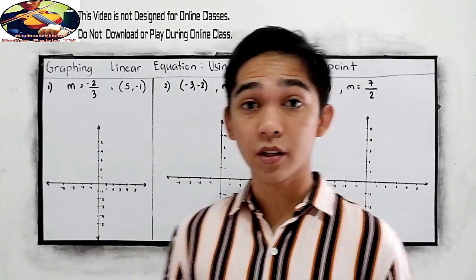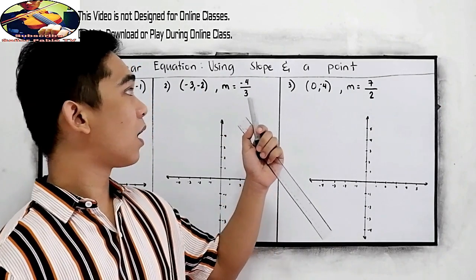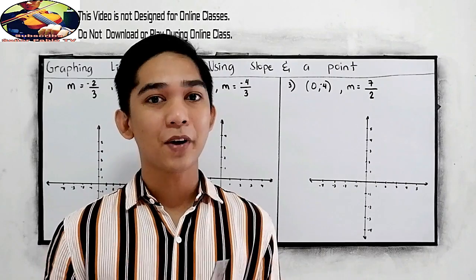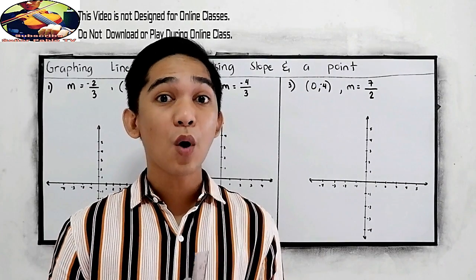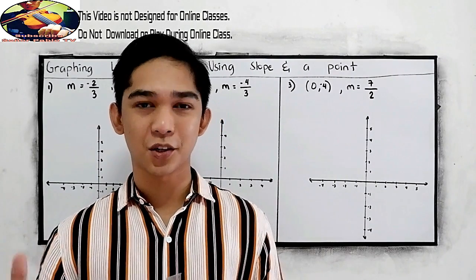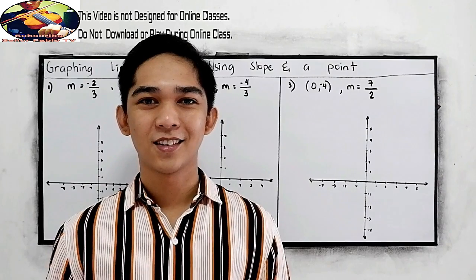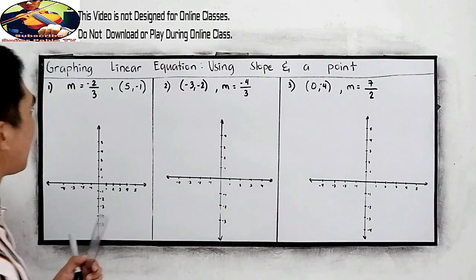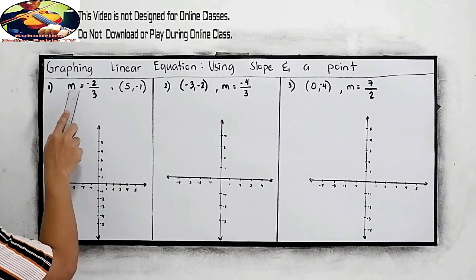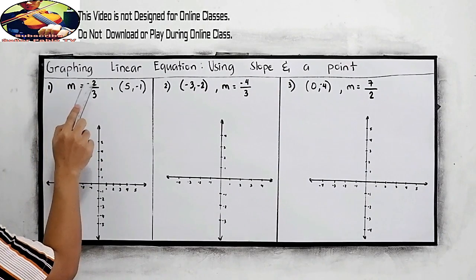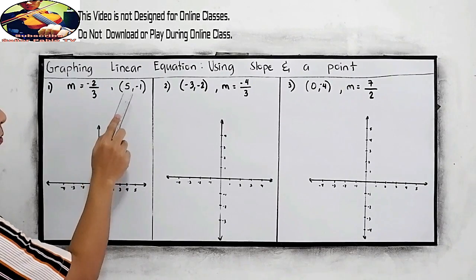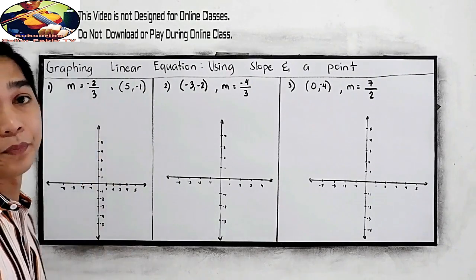Graphing linear equation using a slope and a point. If the given is a slope and a point, how are we going to graph in our Cartesian plane? So let's have our example number 1. In our example number 1, we have m, or the slope, equal to -2/3 and a point 5, -1.